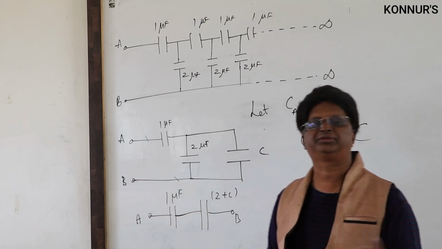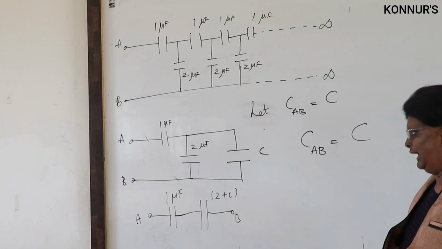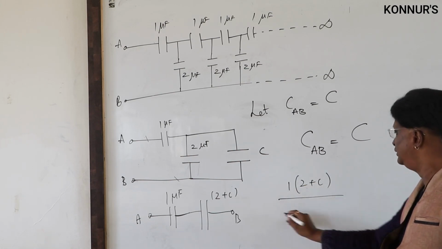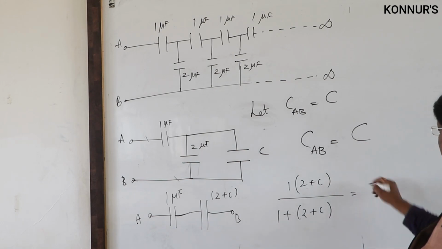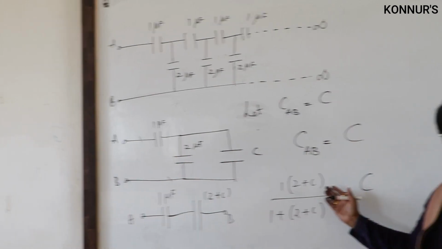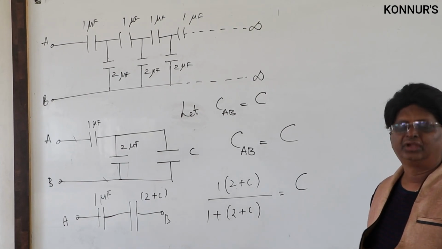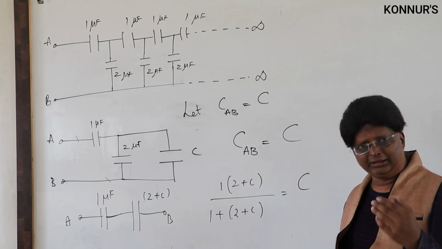Now we have two capacitors C1 and C2. Therefore I am writing C AB as 1 into (2 plus C) by 1 plus (2 plus C), which is the same as C. Got it? Now here you will get a quadratic equation on simplification. Generally I don't do all these simplifications in the classroom; I leave it to you.